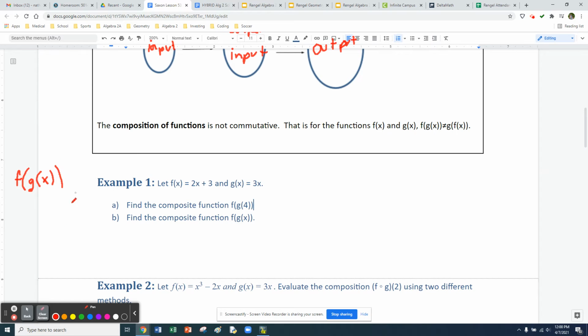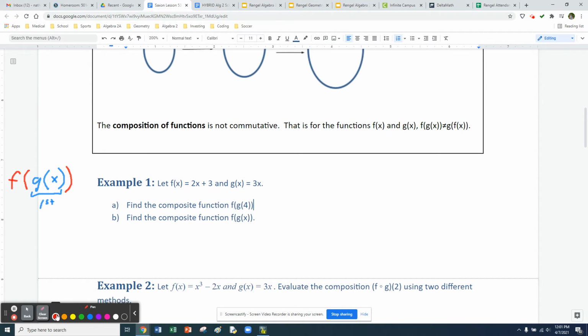What this stands for is our g of x function is now inside of our f of x function. That means that the g of x function is going to be input into our f of x function. It also means that the g of x function is what is evaluated first.